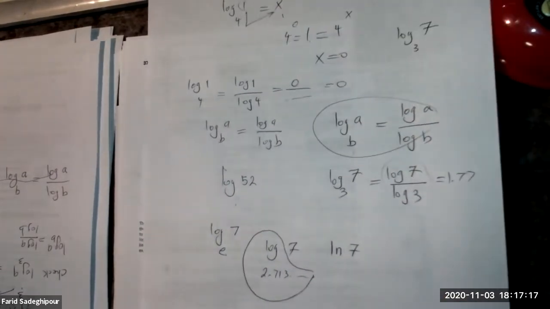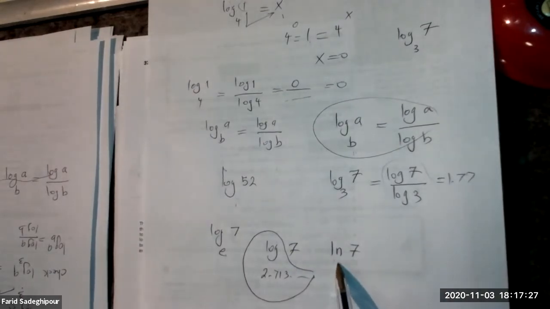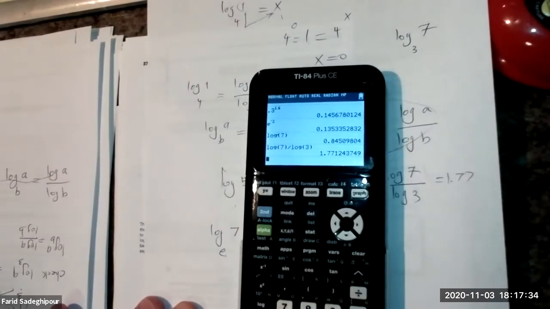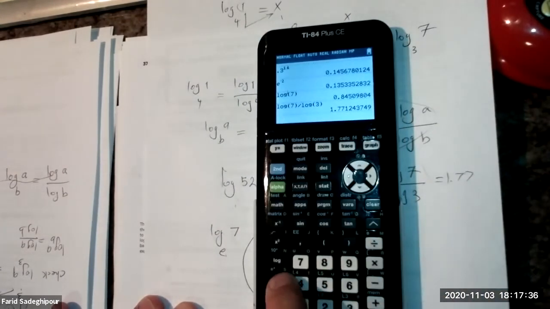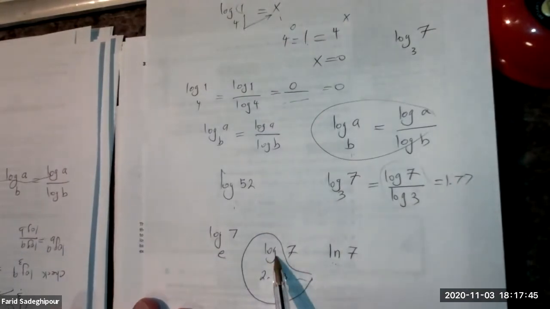So if you want to calculate log of 7 with base e, you could just calculate ln of 7. ln of 7 means the base is always e. Okay, so if I want to calculate the natural log of 7, I'll just go here, press natural log and 7, and that would give you the value, okay? So the natural log is the log of a number with base e. That's what the natural log is.